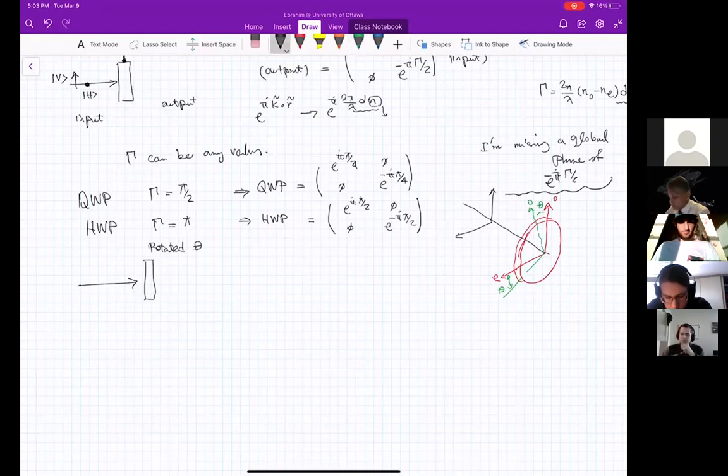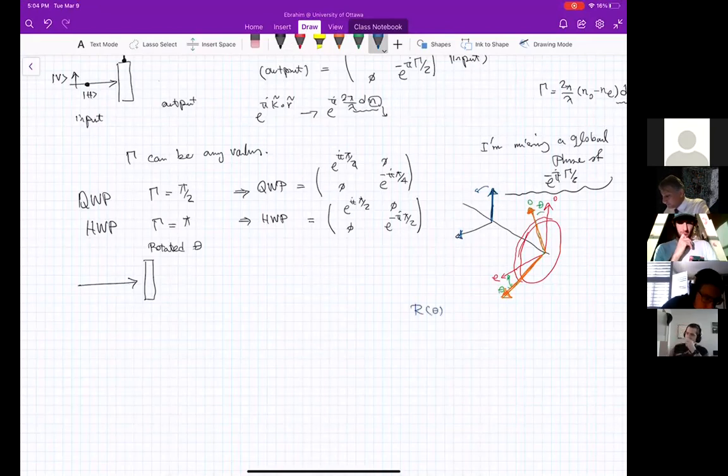What I have to do now, this is rotated by theta. Don't take notes, please, and just pay attention to what I'm explaining because it's a little bit tricky. I know what the action is in the rotated base, right? But the problem is that my polarization is in this space. So I have to rotate the polarization, rotating the electric field by theta.